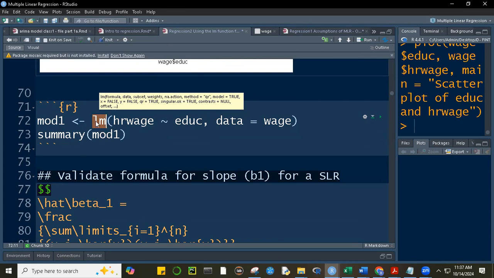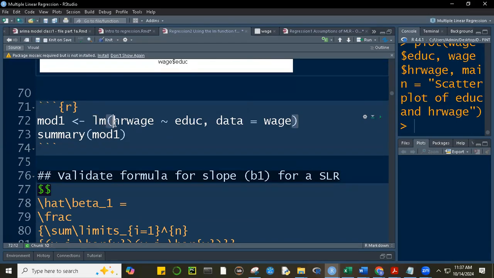Later on, we will be using GLM, generalized linear model. And how is it done? You first identify the dependent variable, and then this one, tilde. This is nasa to the upper left, below escape. This means associated, no? Hourly wage is associated with education.